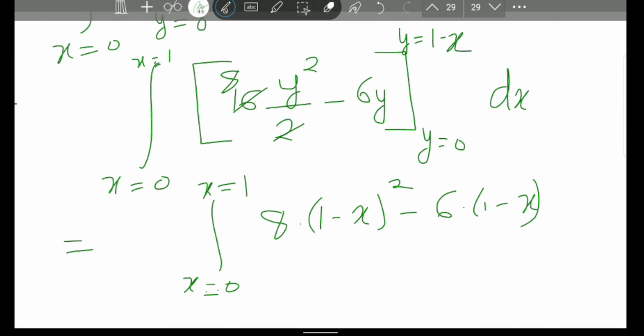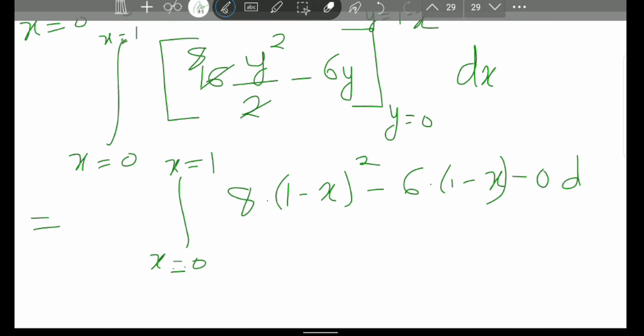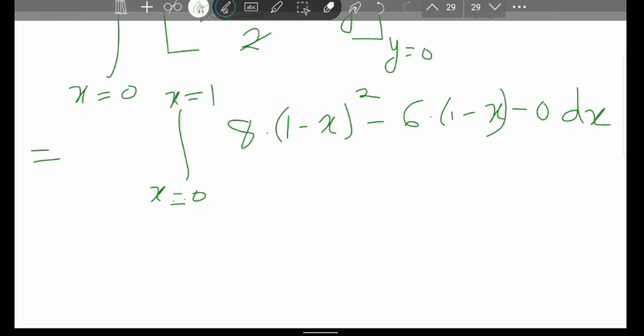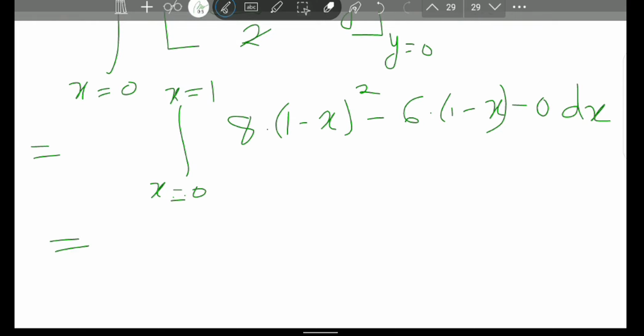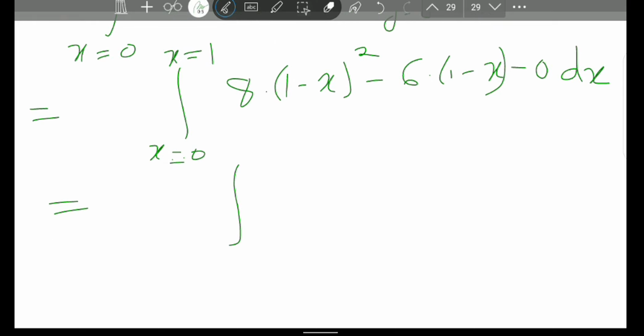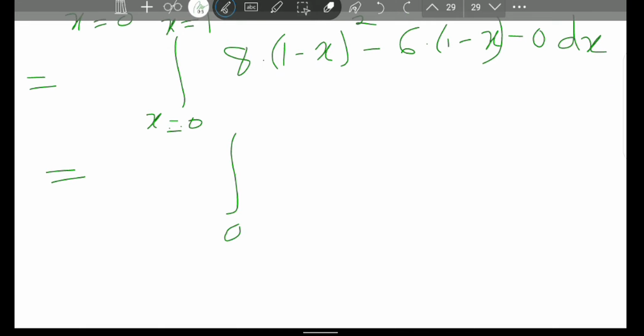Lower limit value of y is 0, and dx as it is. Let's simplify the expression. We have only one variable x, so we needn't write x is changing from 0 to 1. We'll just write integral from 0 to 1.